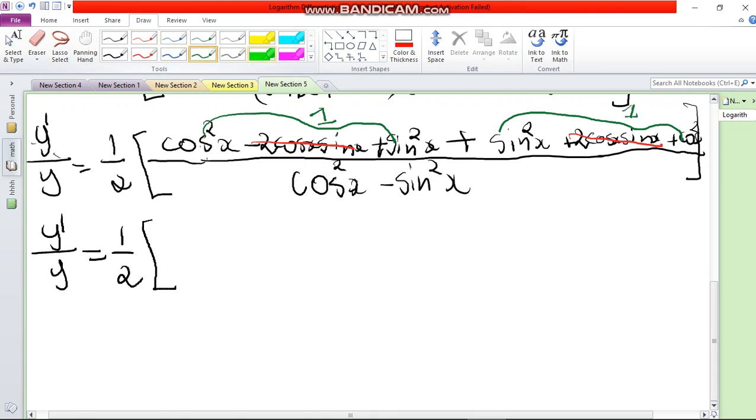Let's look at the denominator. If you look at the denominator, we have the double angle. This is equals to cos 2x. That's a double angle. So let's continue. 1 plus 1 is 2 divided by cos 2x.